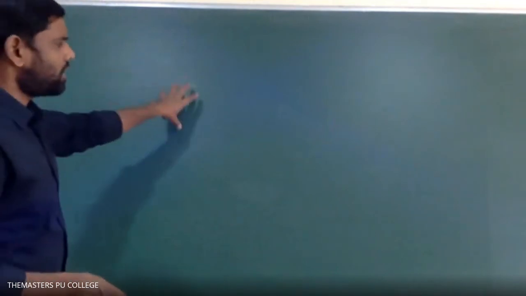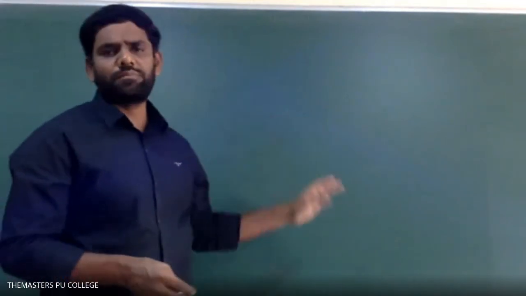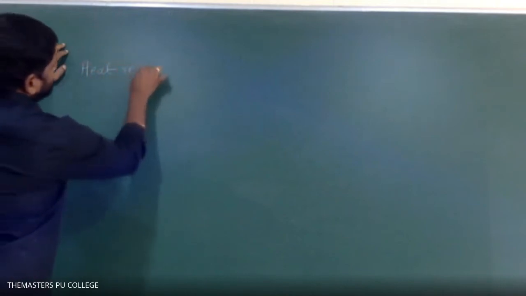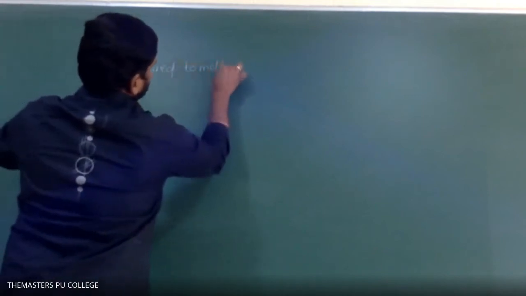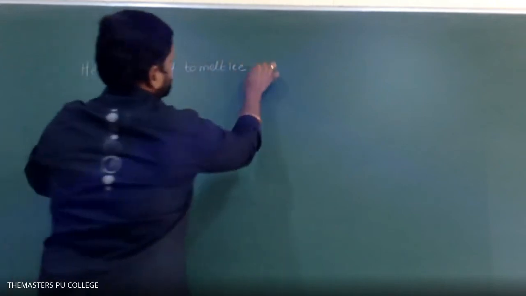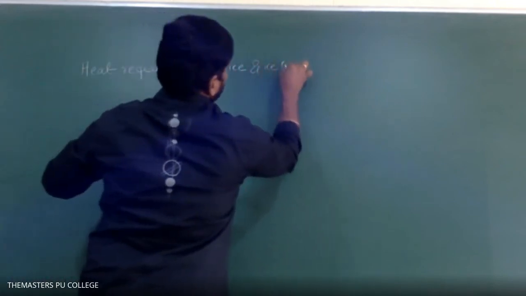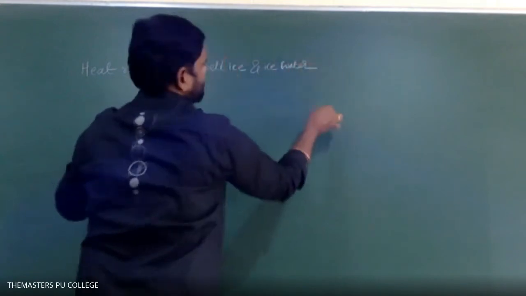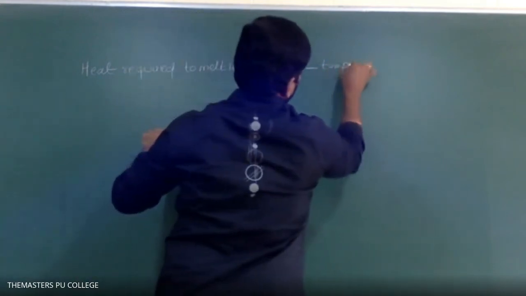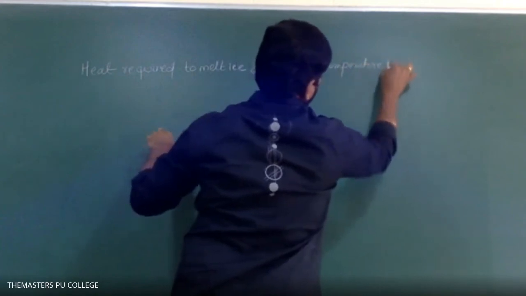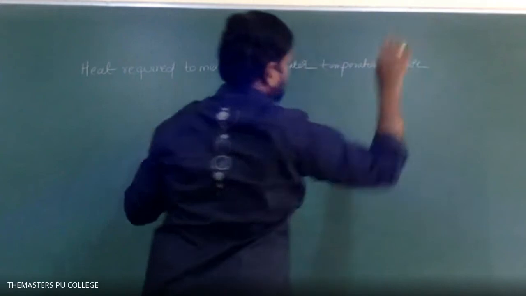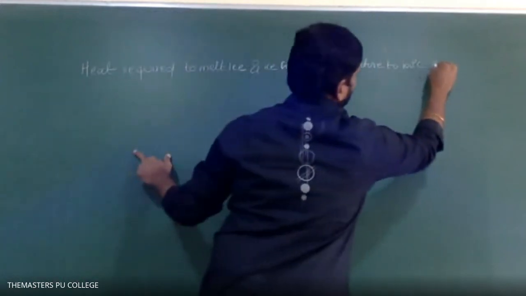First, what is the heat required to melt the ice and to raise the ice water temperature to 100 degrees centigrade? First, let us know. So, heat required to melt the ice and raise the ice water temperature to 100 degrees centigrade is.